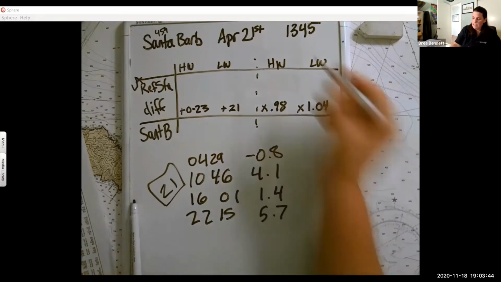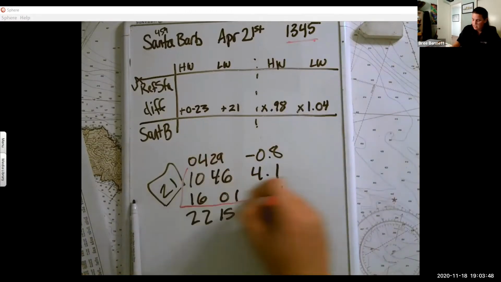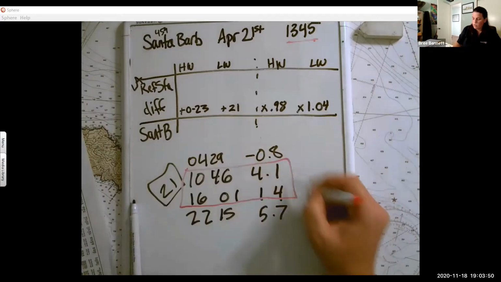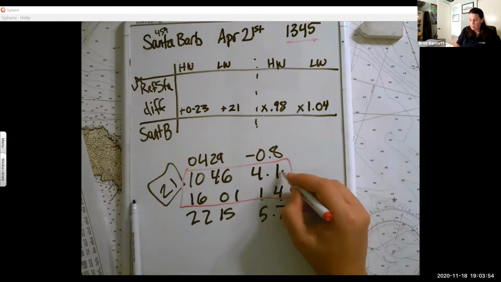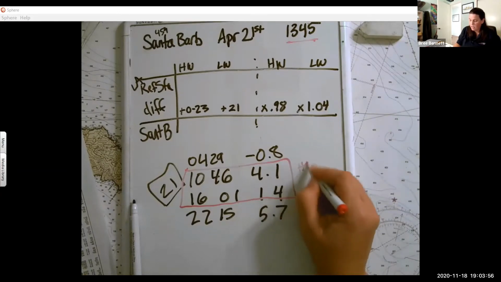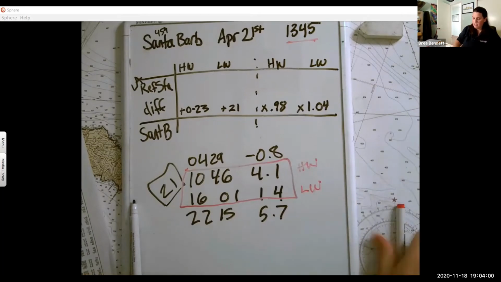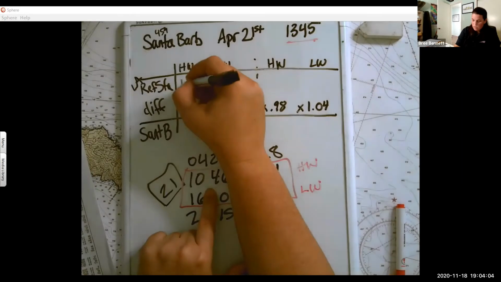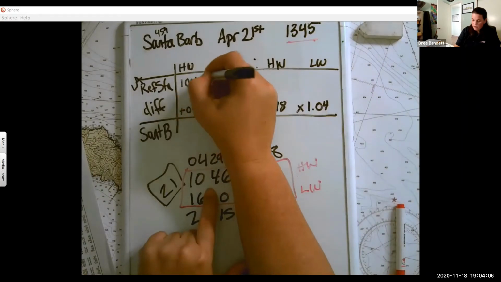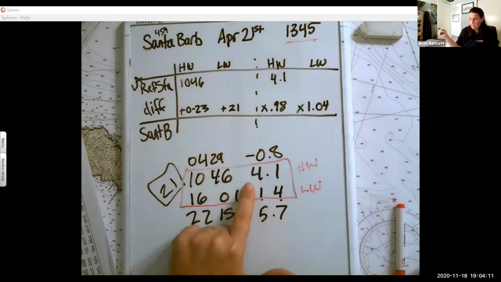And I want to sandwich this time. So I'm going to pick these, and I'm going to note which one's high water and low water. So this one's the bigger. So this is high water, and this is low water. So now when I plug this in, high water was at 1046 at 4.1 feet.